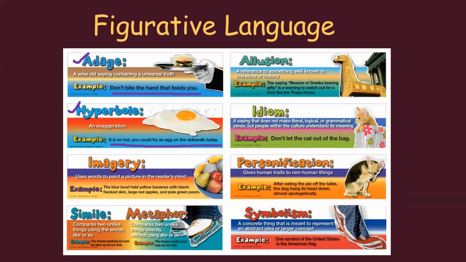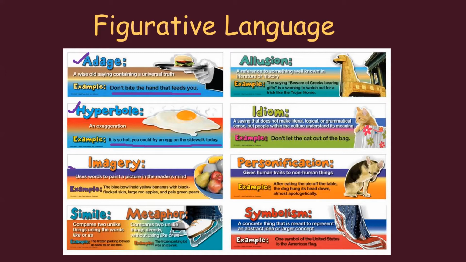So that, of course, is not literal. It is figurative. And what it's comparing is the temperature outside to being so hot that if you were to put an egg on the sidewalk, it would fry that egg. So that is a complete exaggeration, which is an example of a hyperbole.